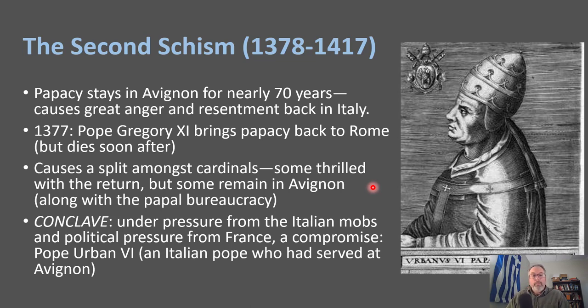And so they elect a new pope, Urban VI, who you see here, Urbanus Papa Neapolitanus. He was the pope from Naples, Neapolis. He served at Avignon, which again would have irritated the Italians, but he himself isn't Italian. He's from Naples.